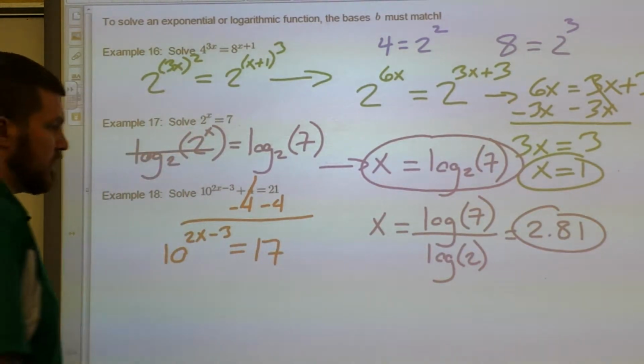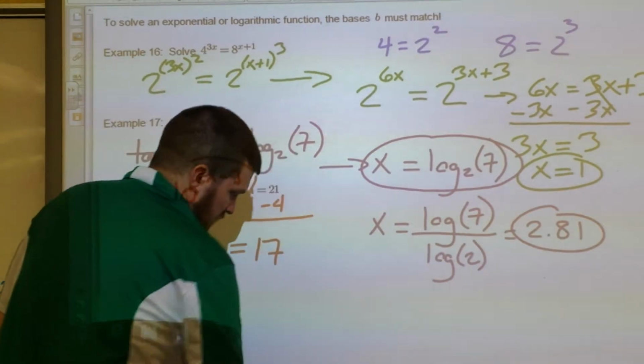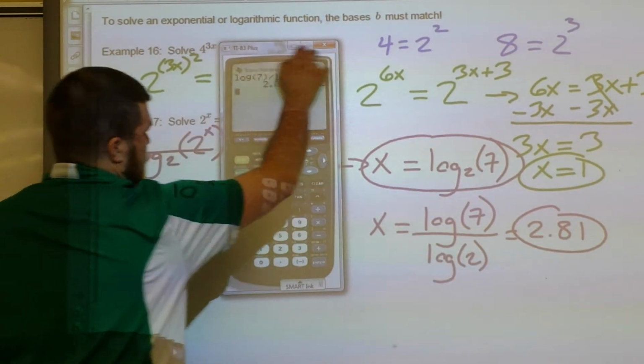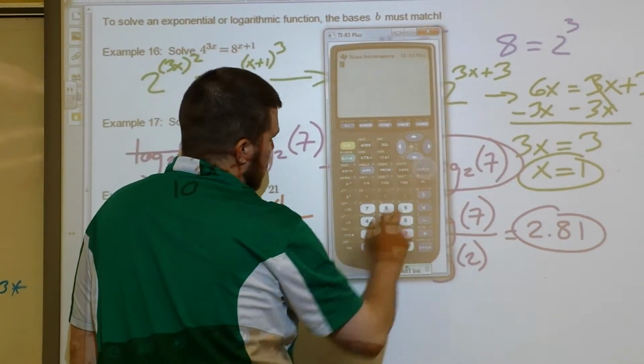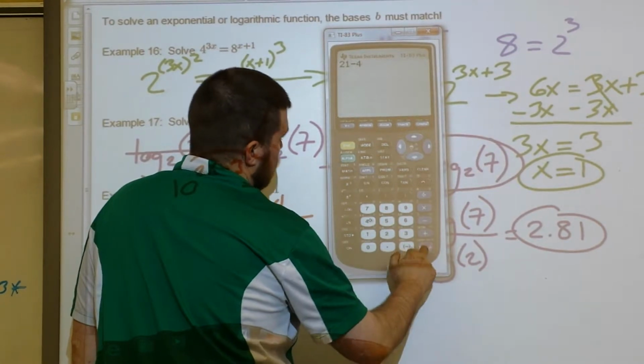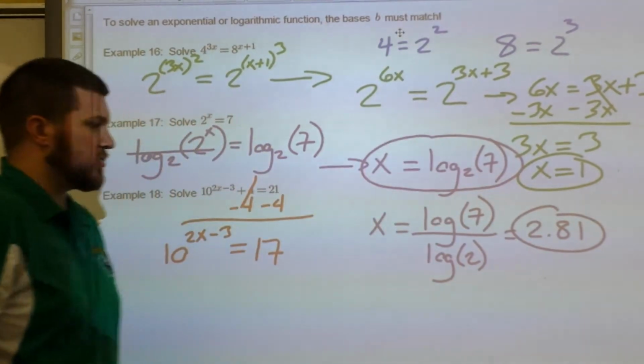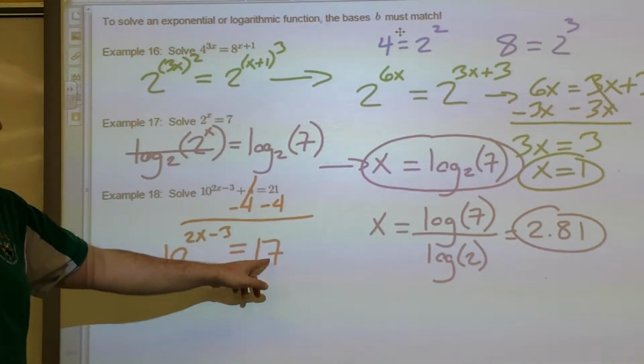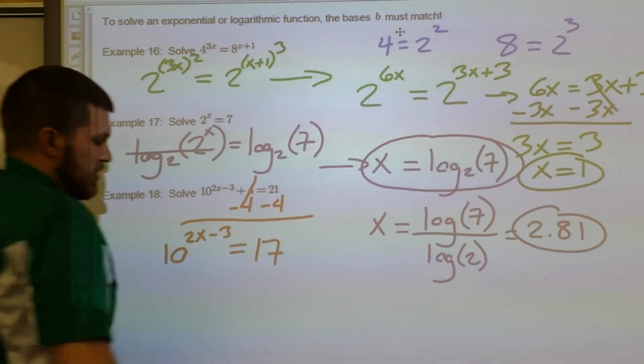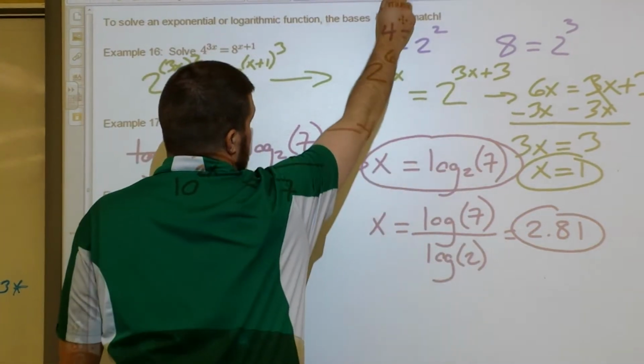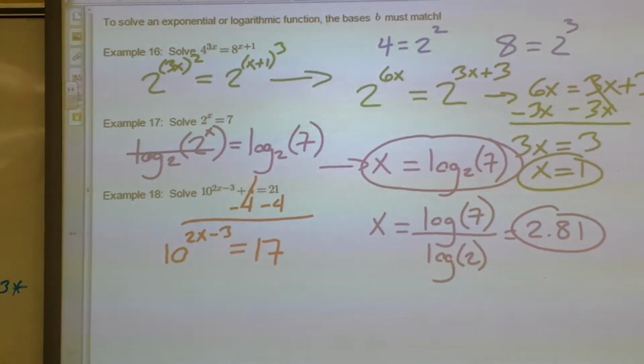Okay? If you are bad at that subtraction, pull up your calculator. Double check it. Don't let your pride and your ego get in the way. 21 minus 4, 17. It only takes an extra second, because if you make a mistake on something easy like that, because you let your pride get in the way, it's going to mess up the entire problem. So better take that extra time if you need it.